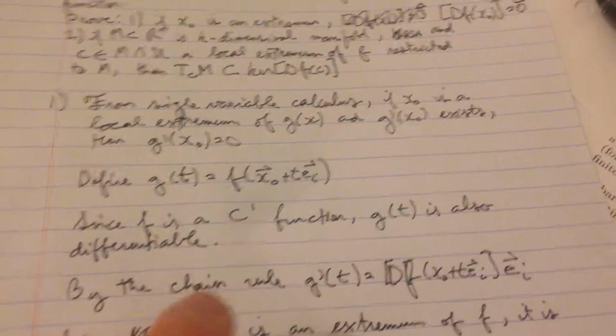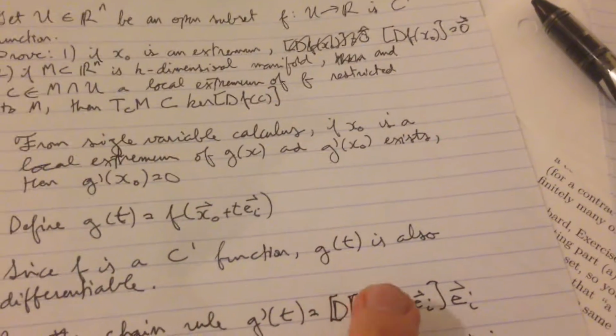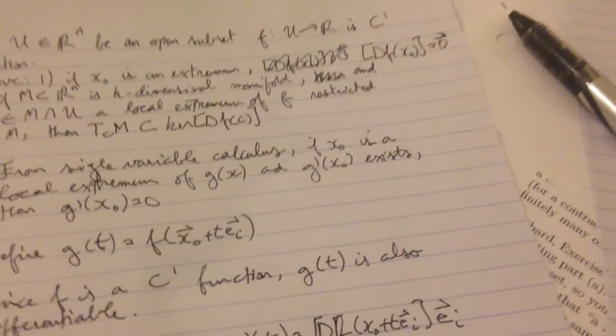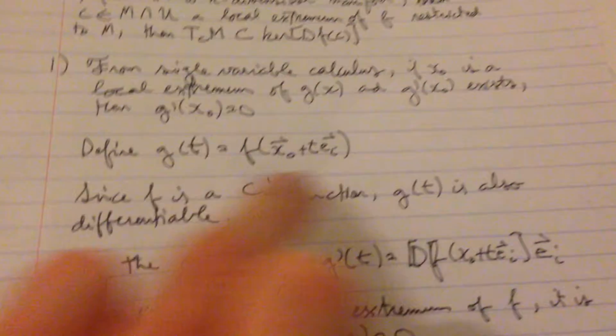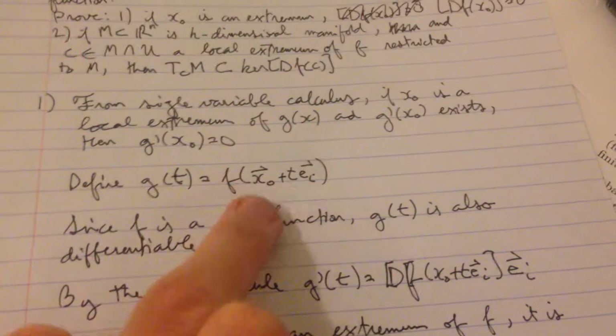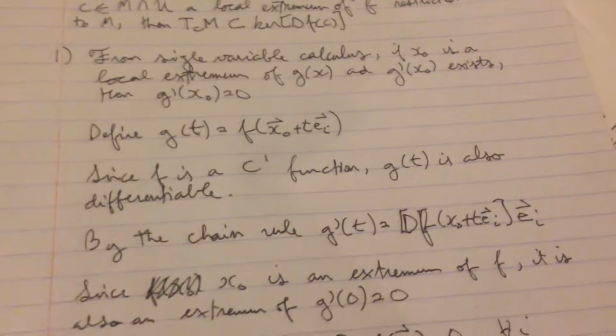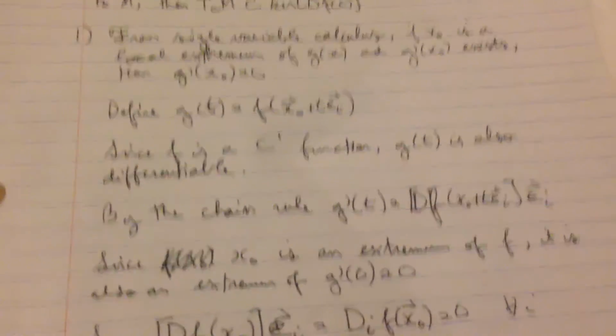So since f is a C1 function, it's also the case that g is differentiable, and that's because this is basically just the ith partial derivative, and since it's a C1 function, the ith partial derivative has to exist at x sub 0.